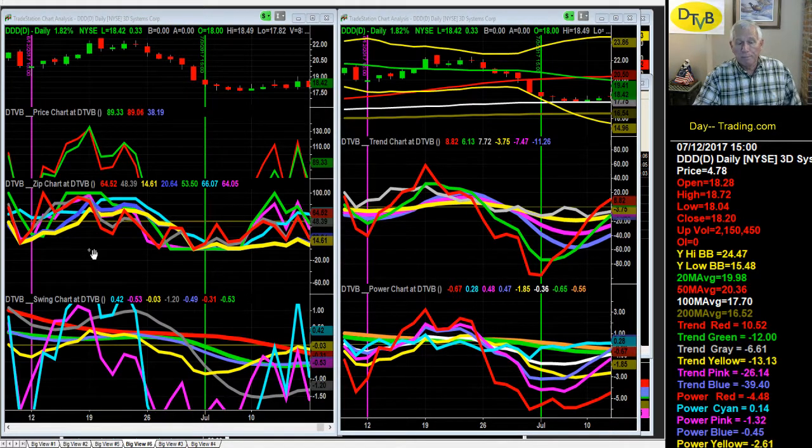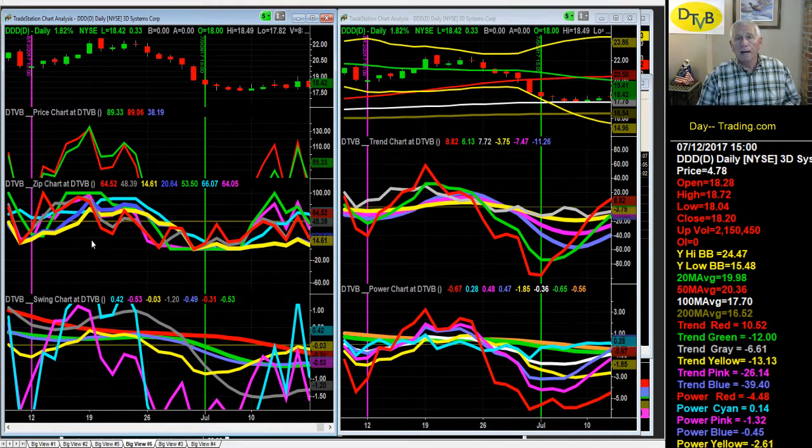Zip pink has come out from underneath the red and gray lines, and zip pink right now is at 96.09. And that's usually the day of a downturn. When zip pink comes out from under the other lines, it's a twofold combination.